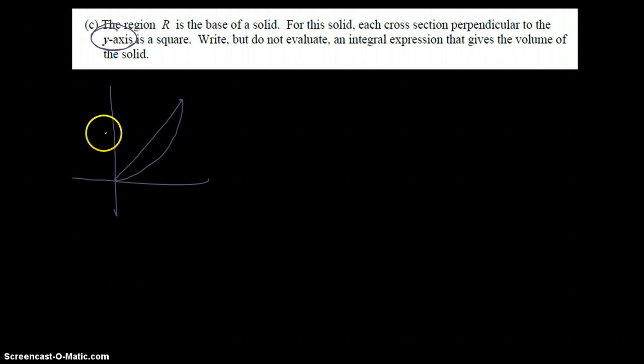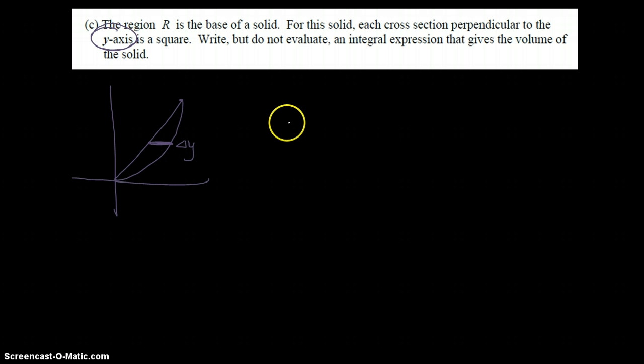Third example, we again have the region R, that's the base of a solid. This time, however, our cross-section is a square, and there's a key little phrase up above here, that we're perpendicular to the y-axis, which means that our square piece will go this direction, indicating that the thickness is a change in y.